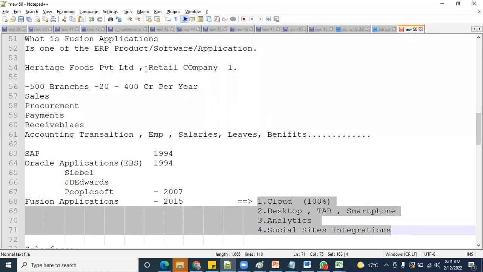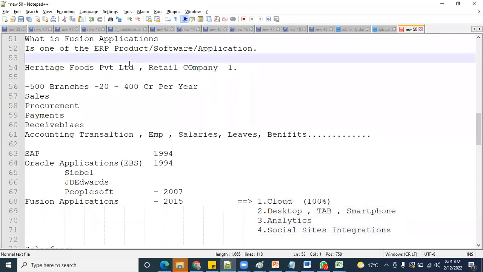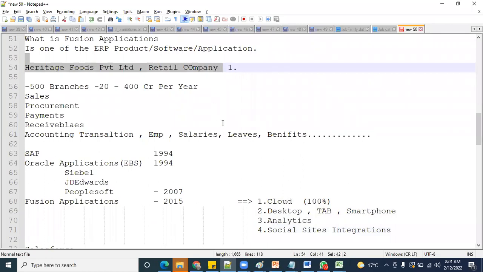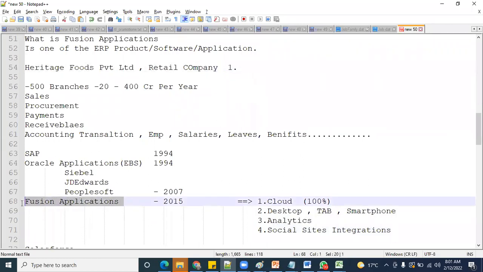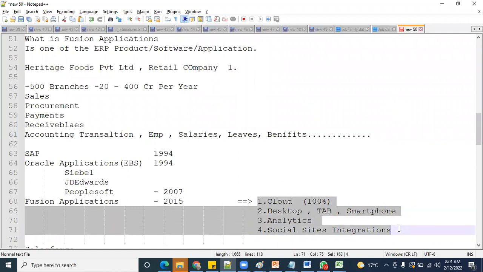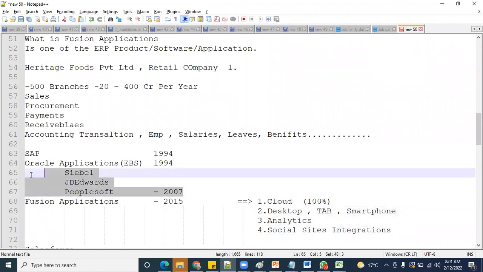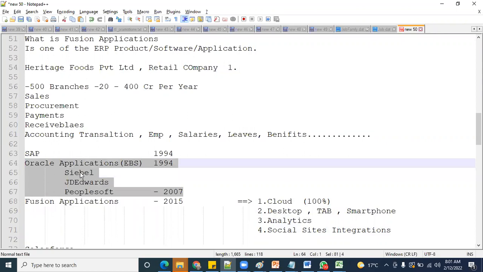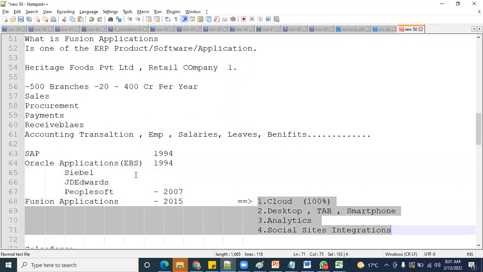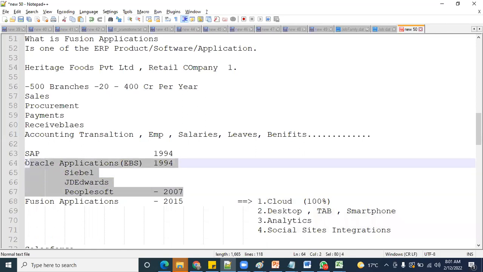Whenever any salesperson goes to a company and says that we have an ERP product, the clients are expecting majorly these features. Oracle did not have these features 100% in the previous ERP products.